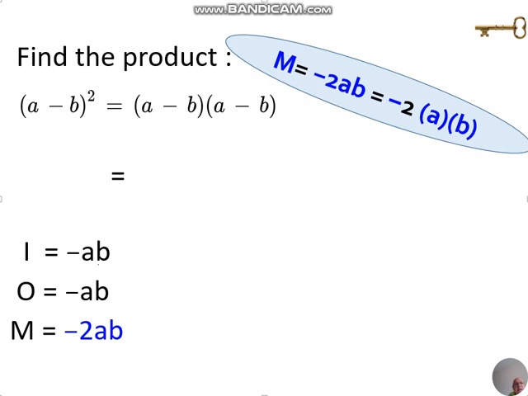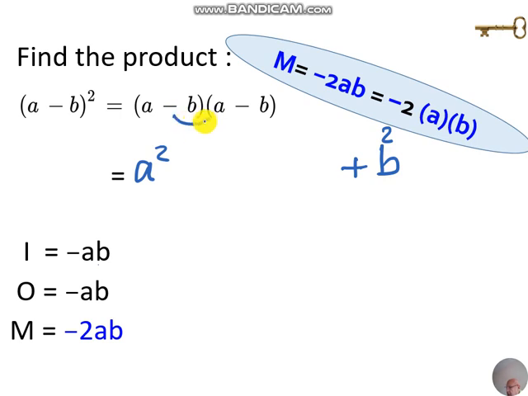In general, a minus b quantity squared. a times a, I get a squared. Last times last, negative b times negative b, I get positive b squared. In a perfect square trinomial, the last term is always positive.